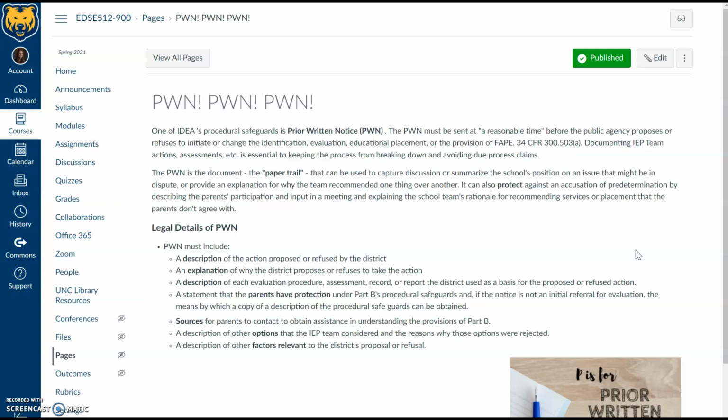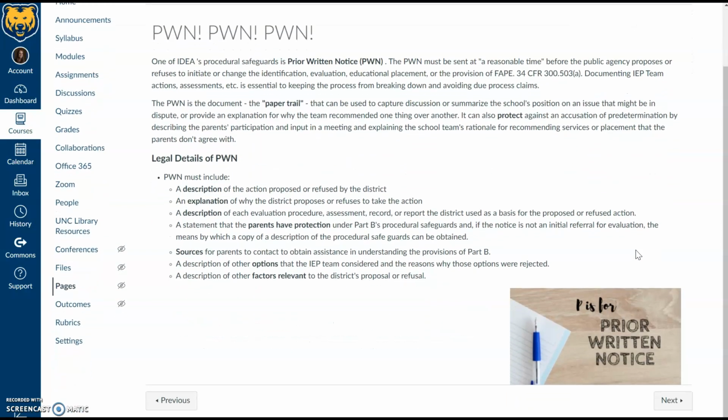This would include information regarding the procedural safeguards and protections and rights for parents and families. And then obviously the information for assistance is provided to them within those procedural safeguards as well. We want to talk about what was considered and what was rejected and any other factors at that time. So this is if we're taking an action, this would be included in each IEP. If a change of placement is happening, for instance.